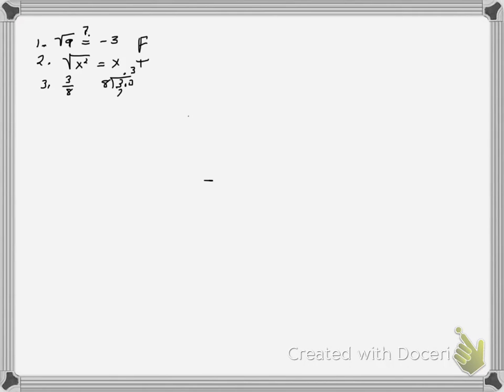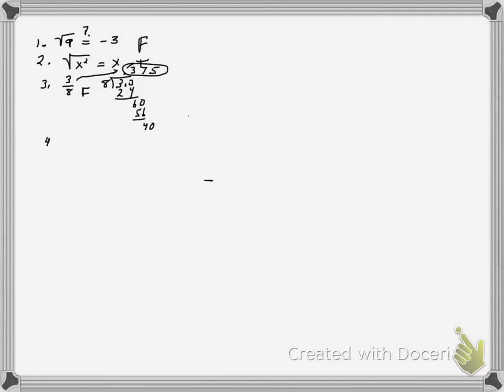Recall how we did this? 3 times 8 is 24, 60, 7 would be 56, and that would be 0.375. And so it does go in evenly as a decimal. So they're asking, is 3/8 an irrational number? And it's false. 3/8 is a rational number. You might want to go back and review these fractions to decimal equivalents.